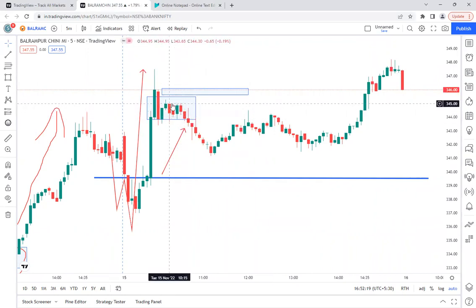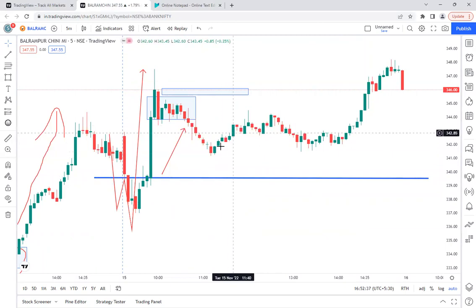Lower high means, after coming to that 347 level, they fell down and made a lower high here and fell down again. Those who have taken the short positions here would have kept the stop loss here and the target is this support.